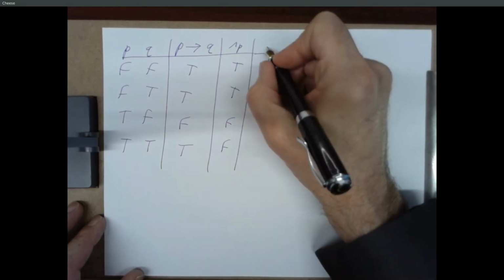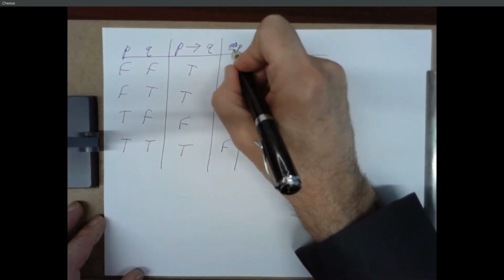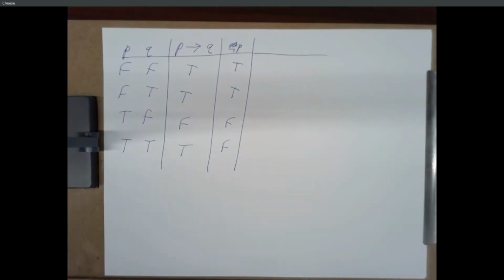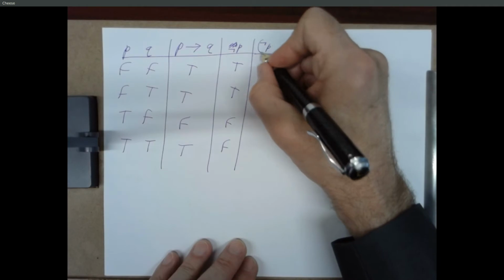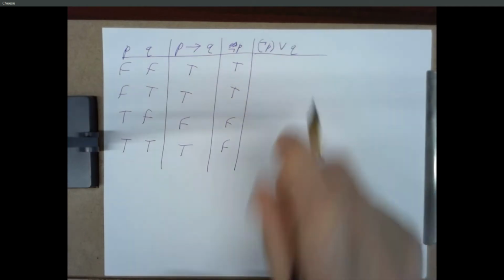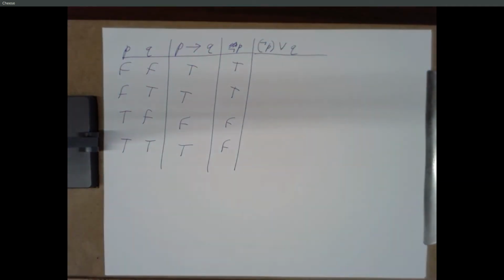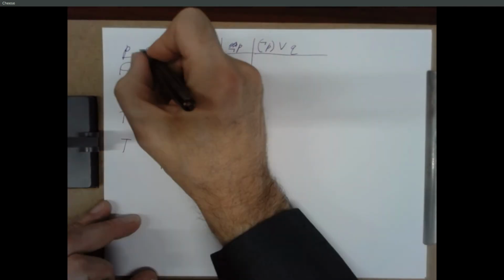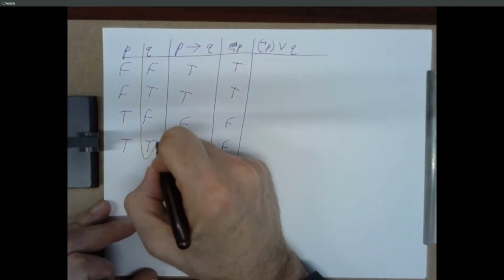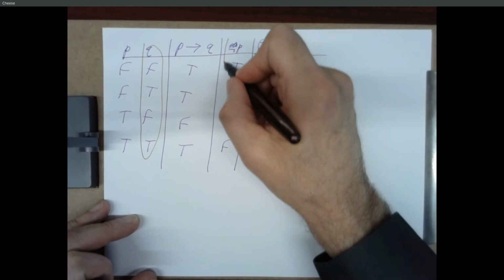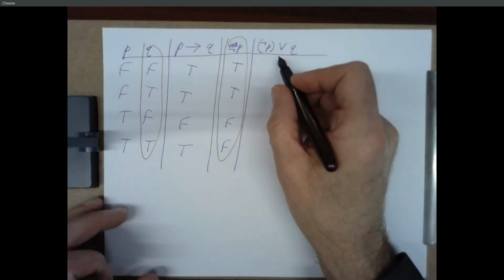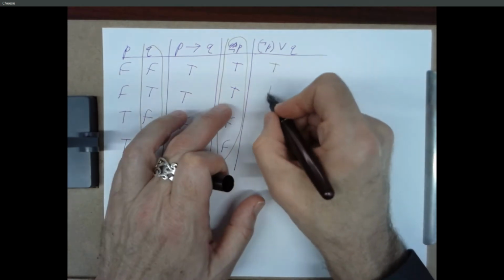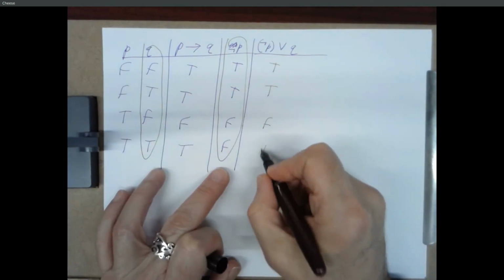Now if I do negation of P or Q, I'm looking at not P and Q, and I'm doing a logical OR between those, a disjunction. This is true, true, false, true.